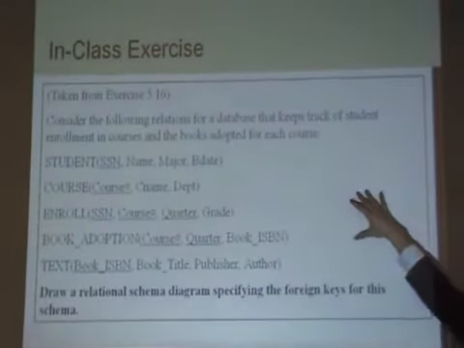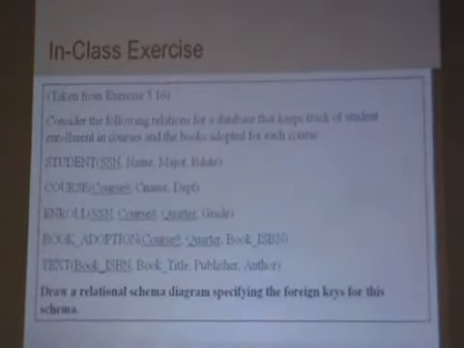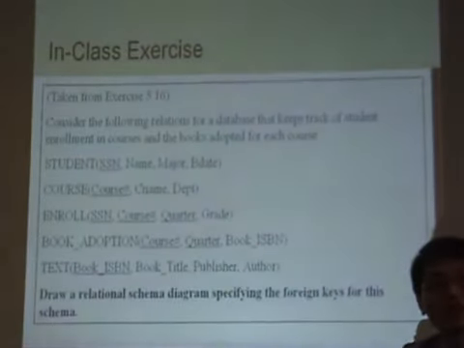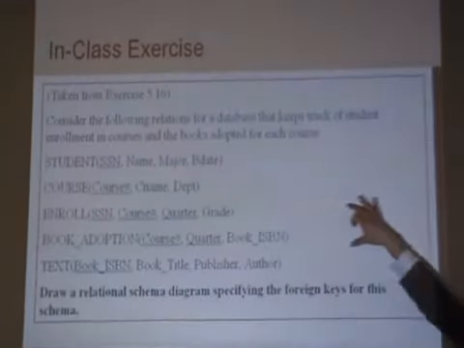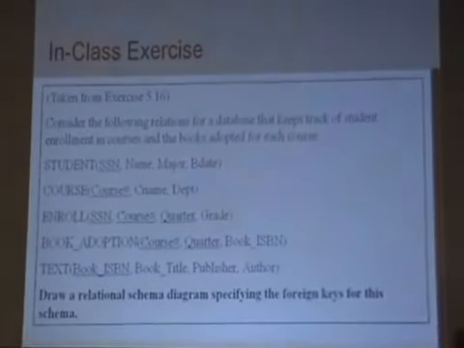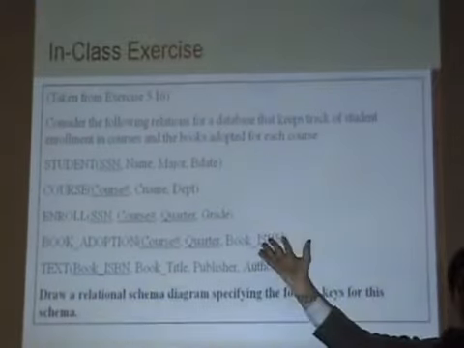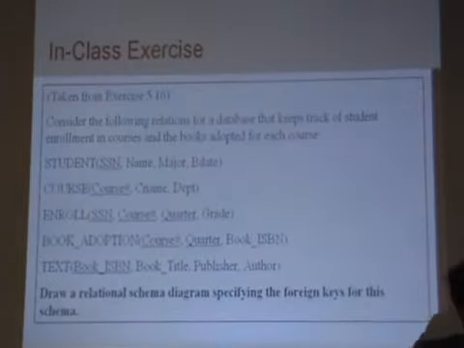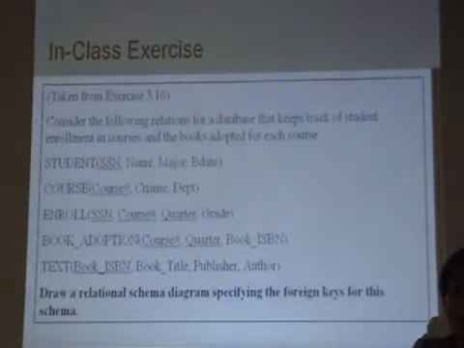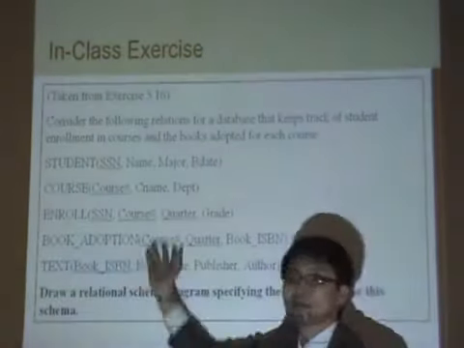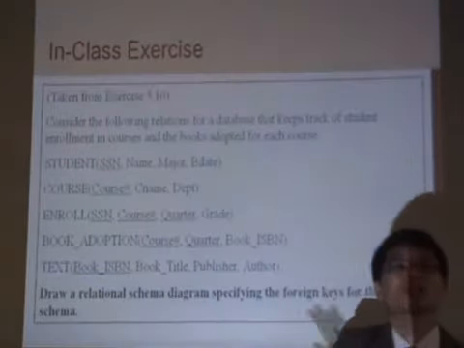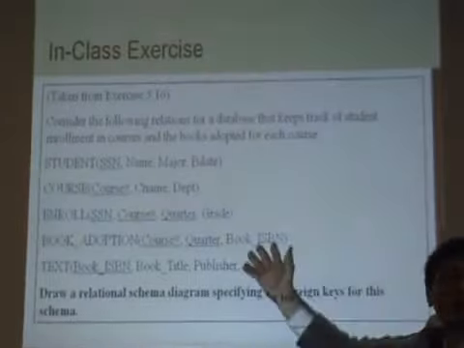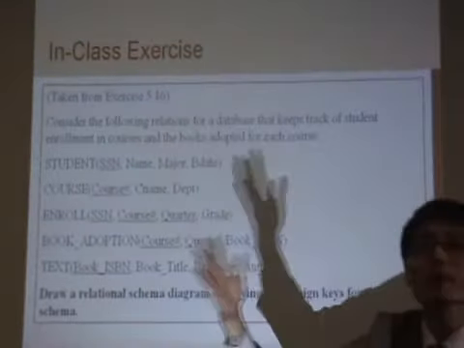If you have more information about quarter, for example, the starting date and ending date of the quarter, then you can have another relation. However, I guess the owner of this database thought quarter is not that important to keep such a constraint. As long as it's part of the primary key, it's okay. That was the reason the designer ignored such additional information.